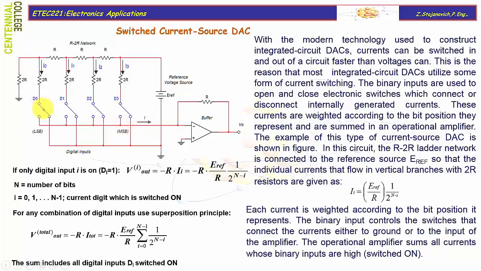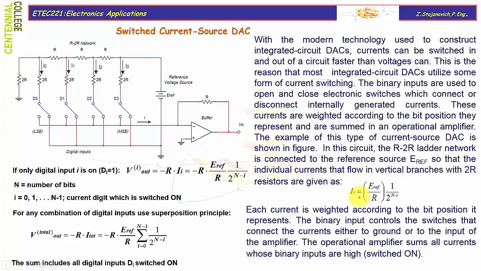So the electronic switches are either connecting branches to real ground, like in this case, or in the opposite position they will connect to virtual ground, but essentially the potential at the points D0, D1, D2, and D3 will not change, and that means that the current that goes through those resistors will not change.